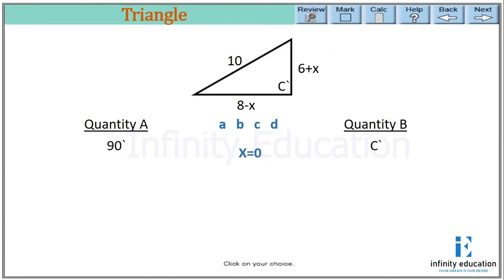Now if we put x equals 0, the three sides we are getting are 6, 8 and 10. So we know 6, 8, 10 belongs to the famous three Pythagorean triples, because 6 square plus 8 square, that is 36 plus 64, equals 10 square, that is 100.